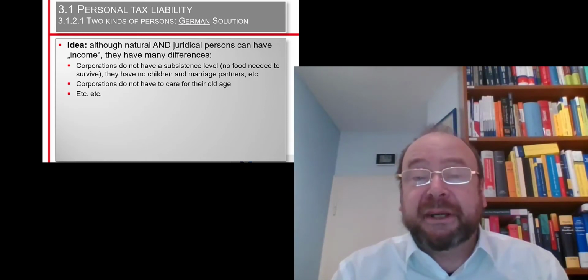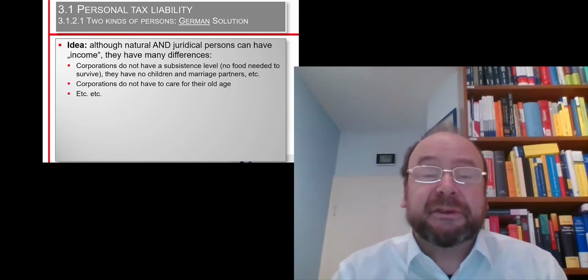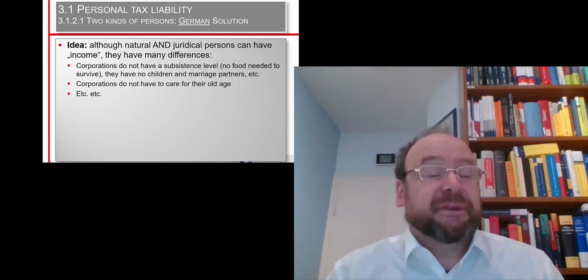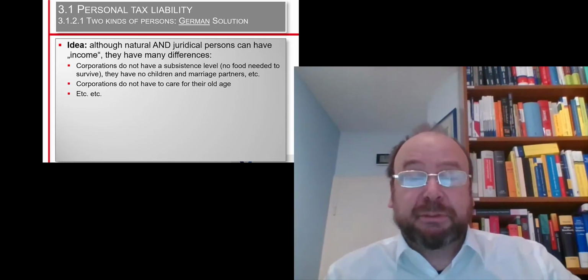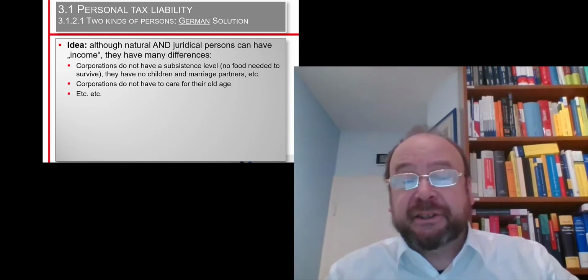In order to have clear standards for what applies to natural and juridical persons, very often states differentiate between the income tax law for natural persons and juridical persons. In Germany, there is, I think, a very clear distinction.